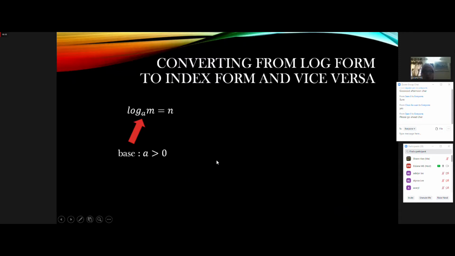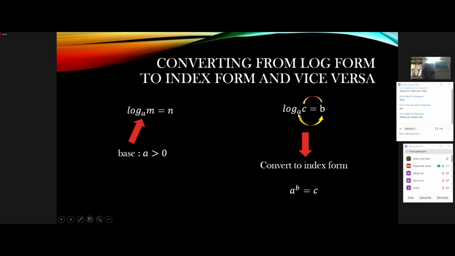Now how to convert from log form to index form? It will become a power of b equals to c. The base a is always the same.